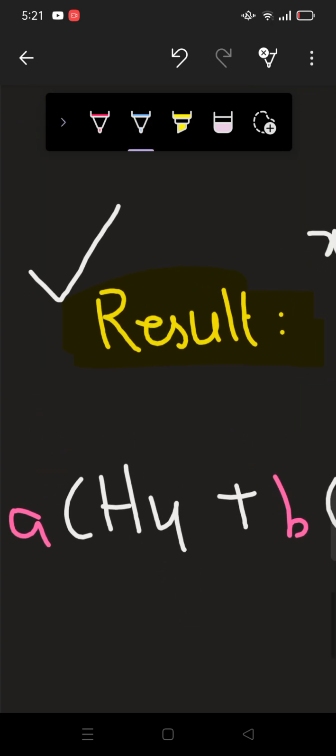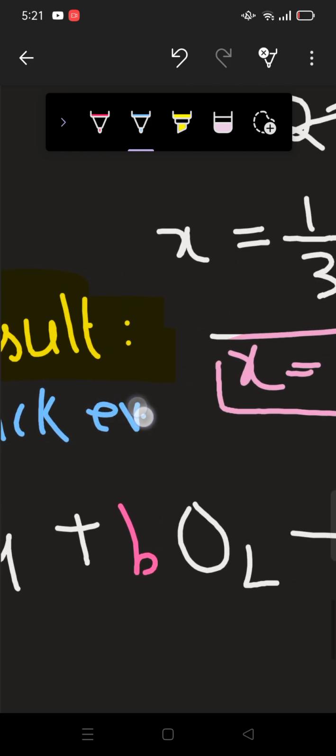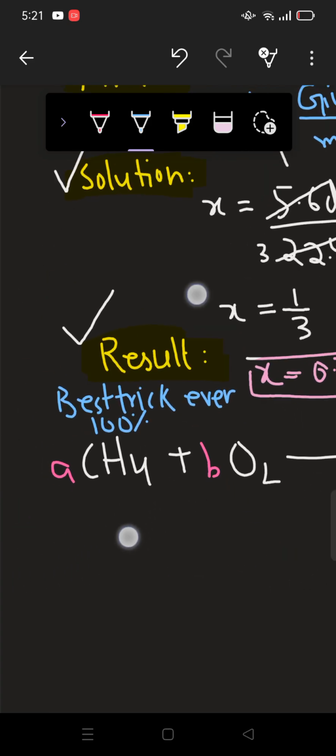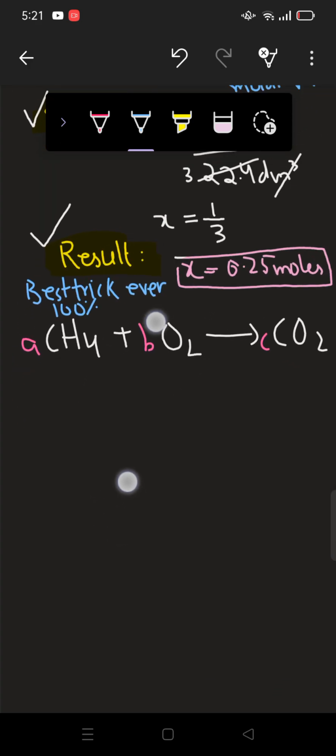This is the best trick ever, which is 100% correct. Here you're going to get your answer of balancing the chemical equation 100% correct.